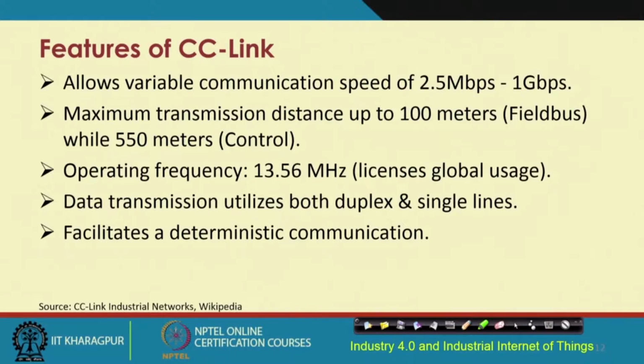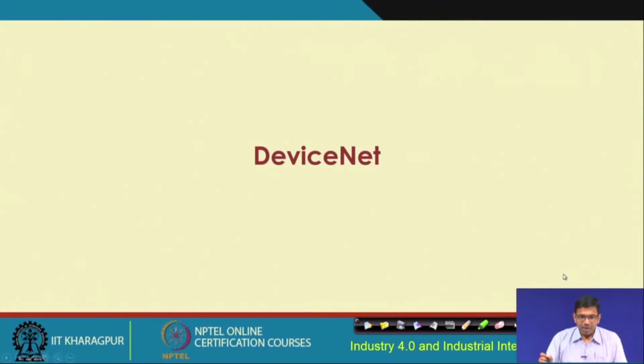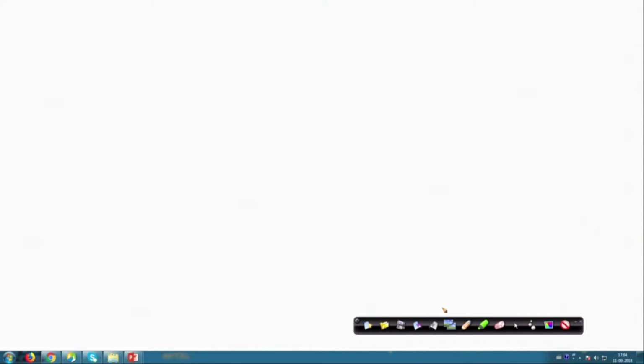The operating frequency is 13.56 megahertz, and it supports data transmission in the form of duplex and single transmission lines, and overall deterministic communication is supported by CC link. So, before we go to the protocol DeviceNet, we will go through overall how this CC link protocol works.